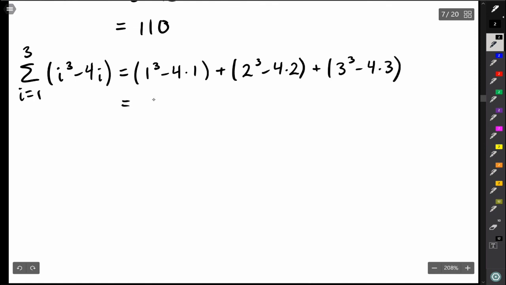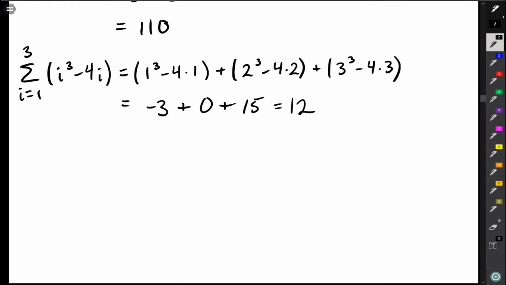So this is negative 3, plus this here is 0, plus this is 27 minus 12, so 15. So this adds up to 12.